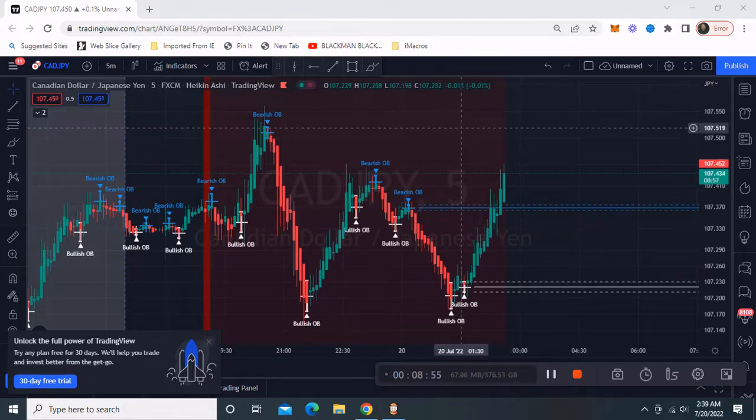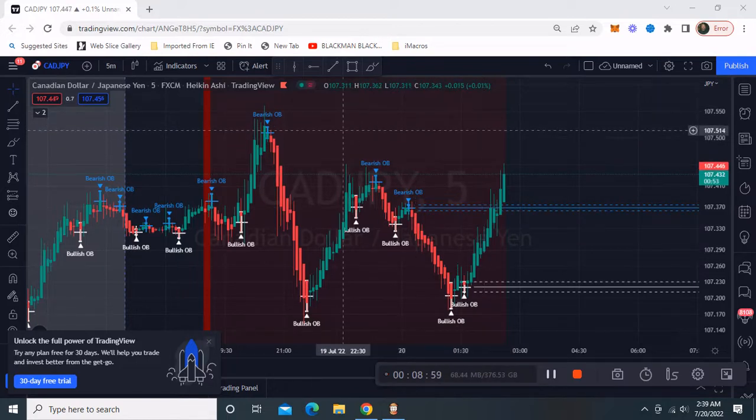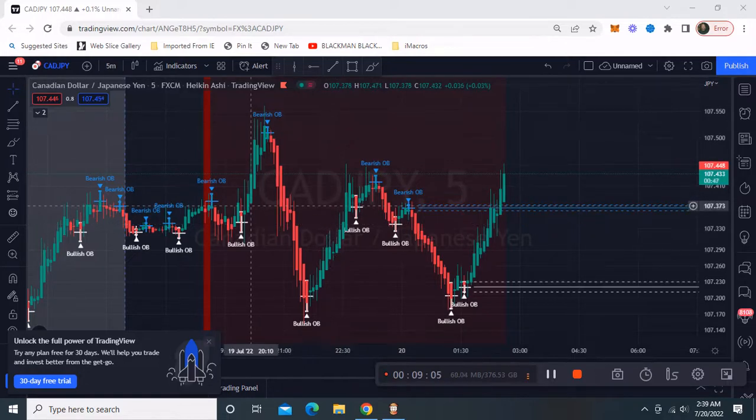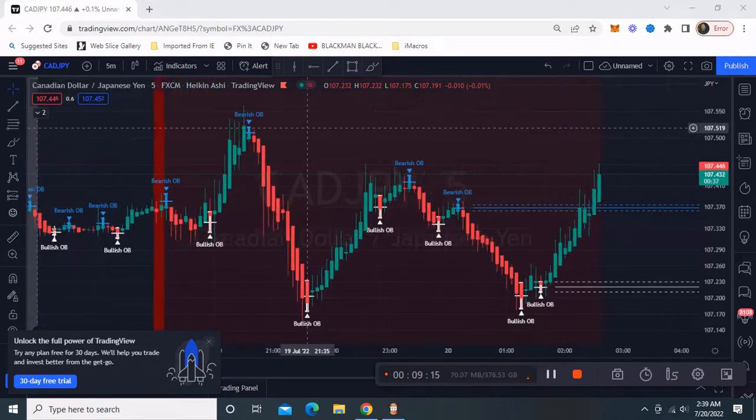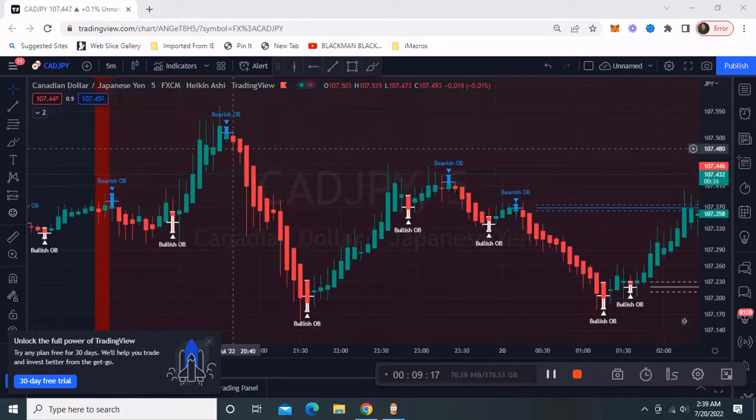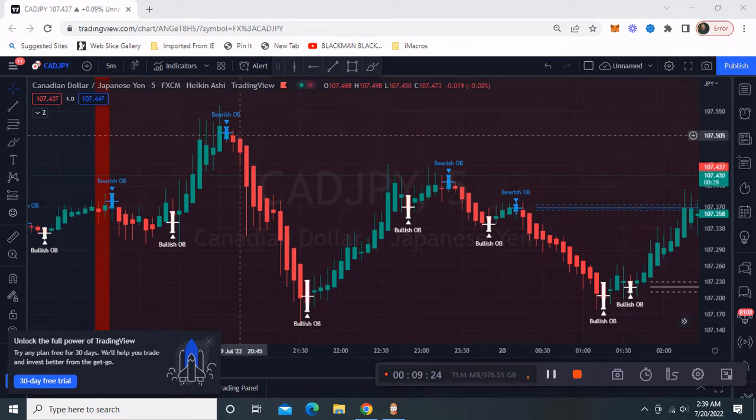All right, but here is how I work this. As you can see, this order block indicator shows some awesome things. After each order block is posted, if you understand supply and demand, you want to use the very first candle to set up your supply and demand.